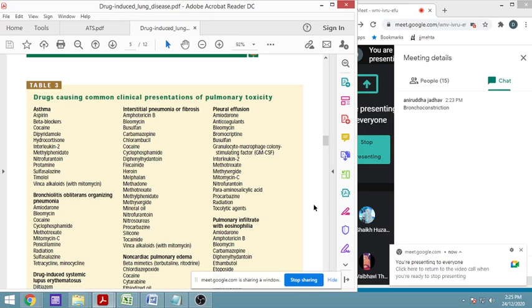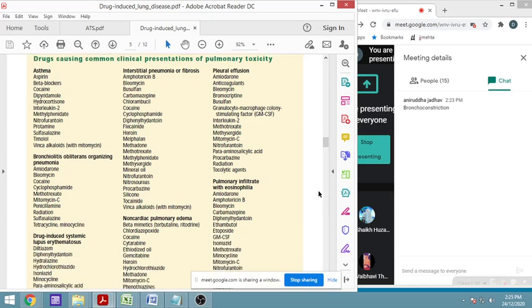These are there, and they are causing pneumonia. Drugs like amiodarone, bleomycin, cocaine, cyclophosphamide, methotrexate, mitomycin C, penicillamine. Then radiation in cancer, sulfasalazine.